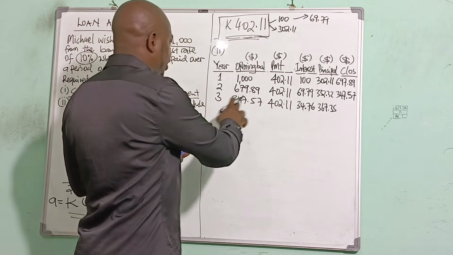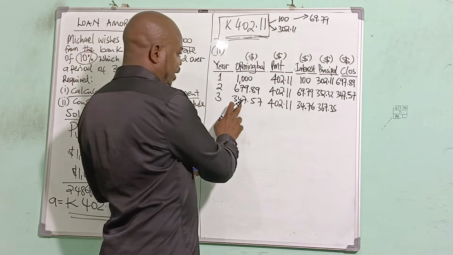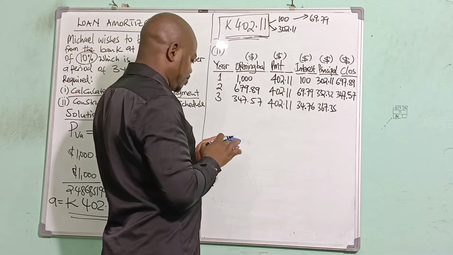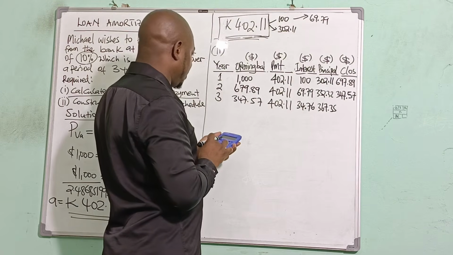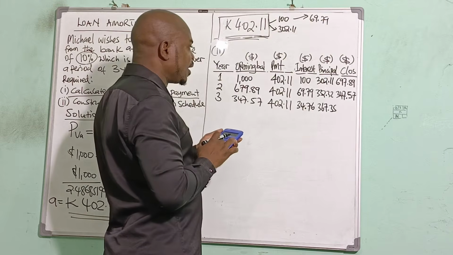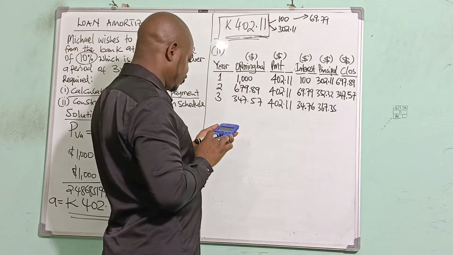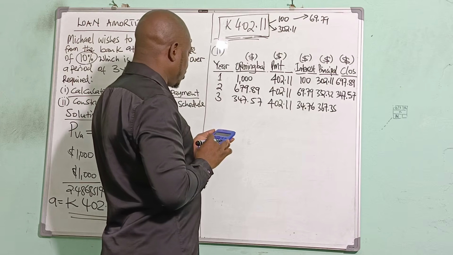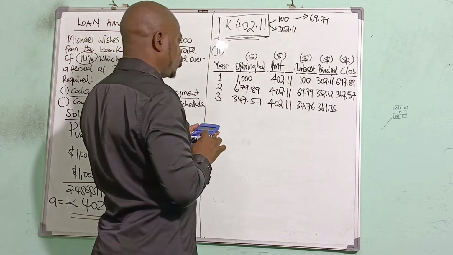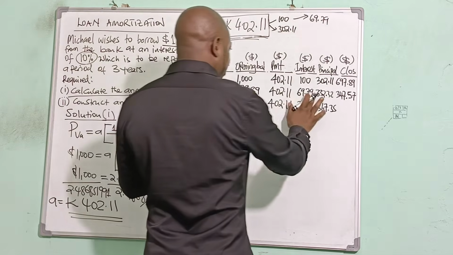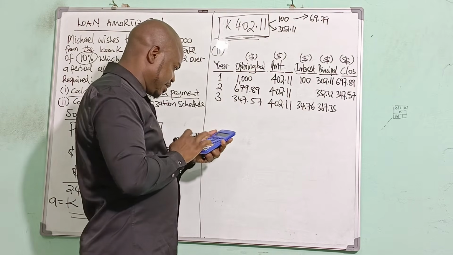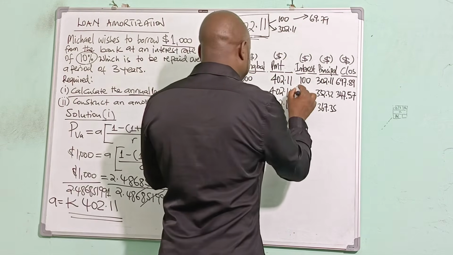Let me repeat that computation, since there's a mistake somewhere. When I do this, it should give me a 0 there. Let me verify quickly. 1,000 minus 302.11 gives me 697.89. Okay, I've found where the problem is.